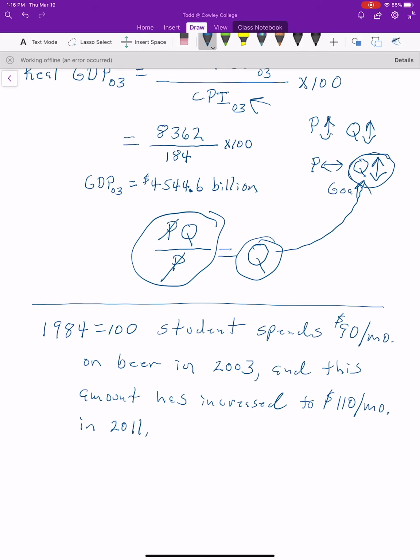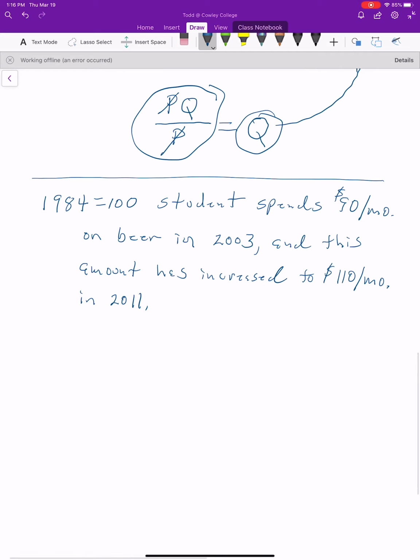Okay, now I want you to notice exactly what we have going here. If I were to ask you the question, and listen to this carefully, in nominal terms, has this person spent more money on beer between 2003 and 2011? And the answer is yes. According to this, the person physically took $90 out of their pockets and purchased beer in 2003, and they physically took $110 out of their pocket in 2011 to purchase beer.